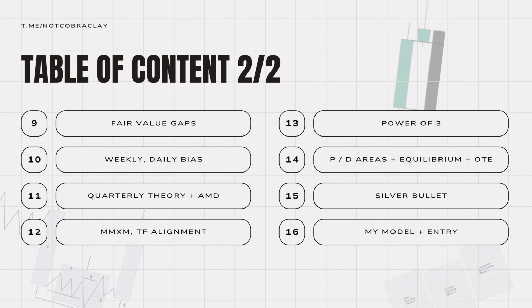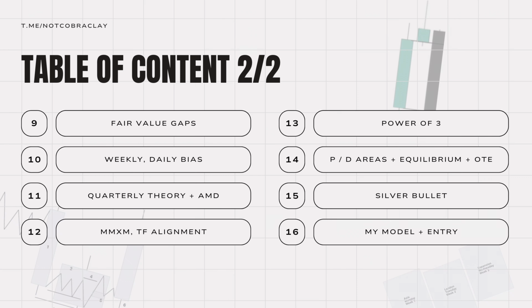The power of 3 in correlation with AMD, OHLC, and also comparing it to CRT, PD areas, equilibrium, and the optimal trade entry if it is really needed, if you can understand everything which we will go over before. Silver bullet, which will be perfected and called Cobra's bullet, which is simplified, and then I will show you my model plus my entry.